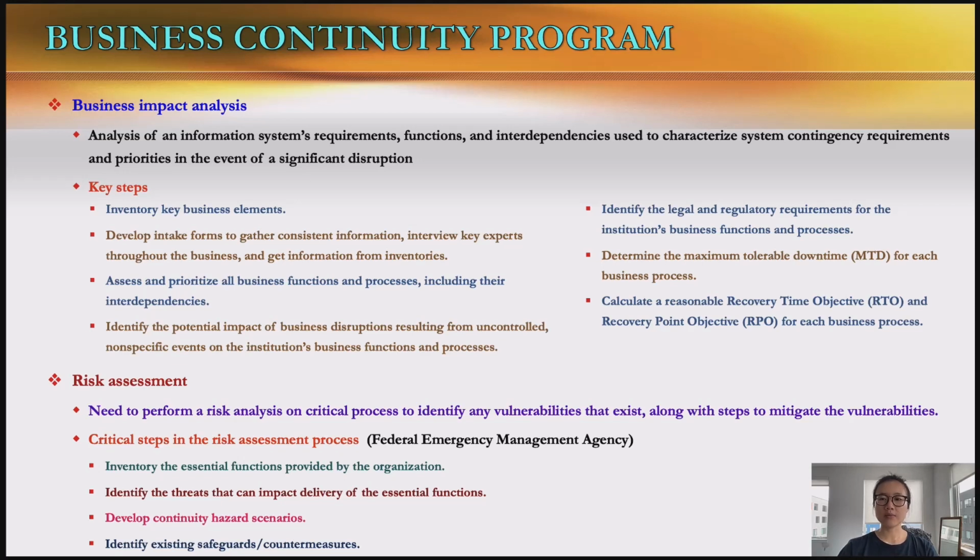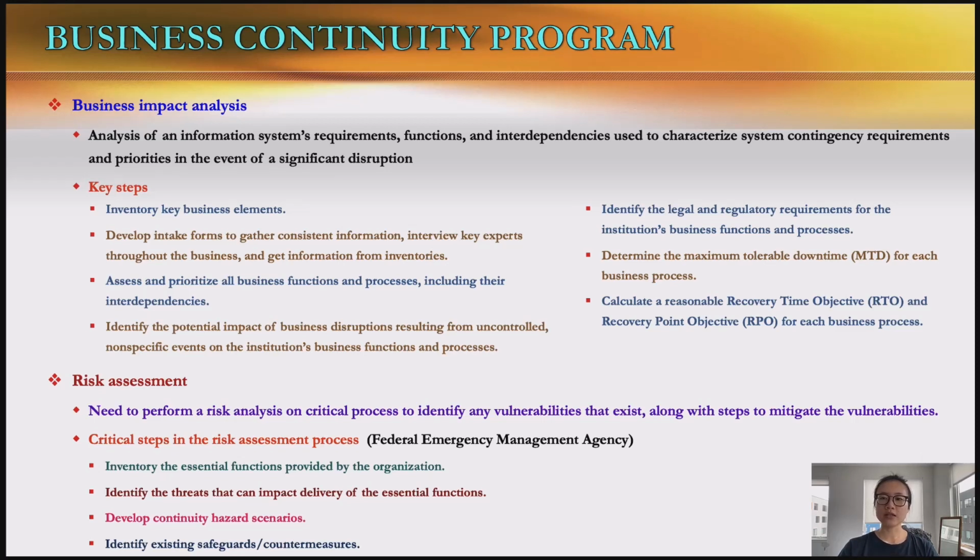A business impact analysis helps identify and prioritize information systems and components that are critical to supporting the organization's mission and business processes. A typical business impact analysis includes the following steps listed here on this slide. The result of a business impact analysis is to identify time-sensitive processes and the requirements to recover them in the time frame that is acceptable to the entity.